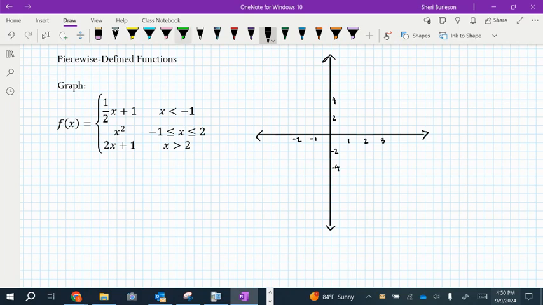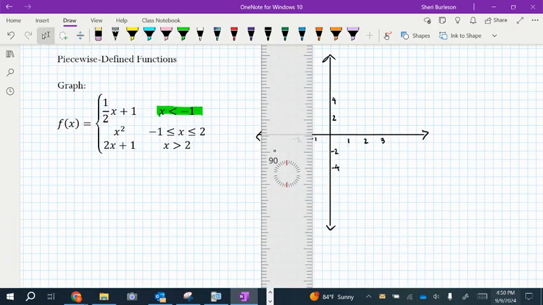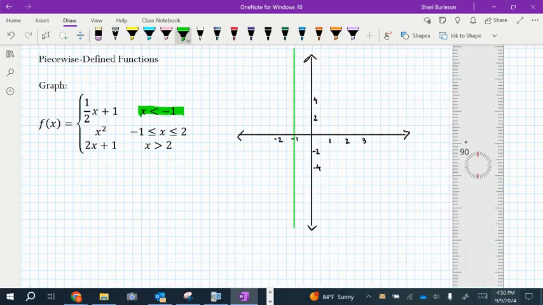So this function is only defined for values of x less than -1. So from here this way is only the part of that graph that I'm going to graph.